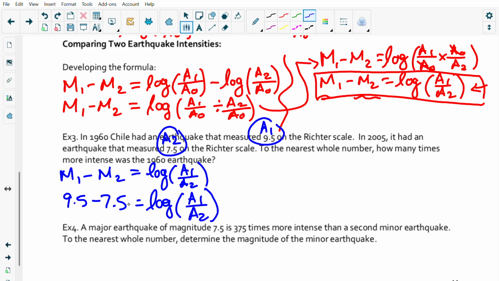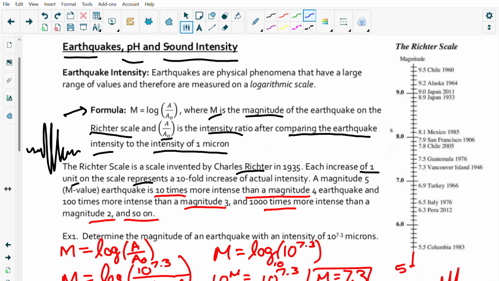Right away, we can see that this is 100 times more intense. Because what's my result here? 2 equals log of A1 divided by A2. Remember the Richter scale? Every unit increase.